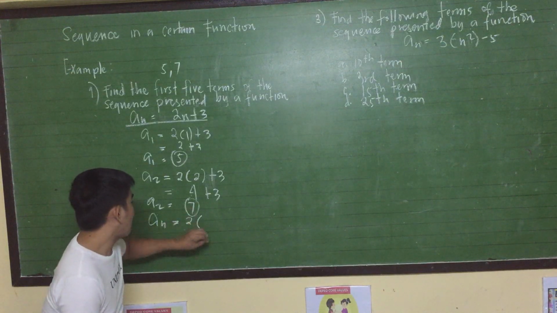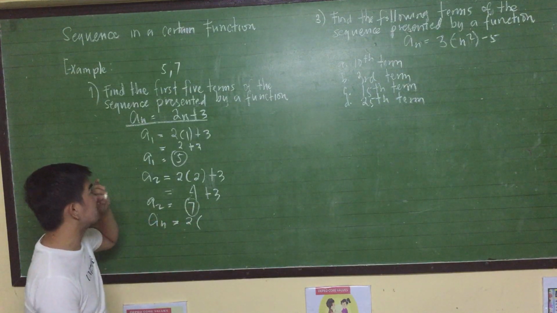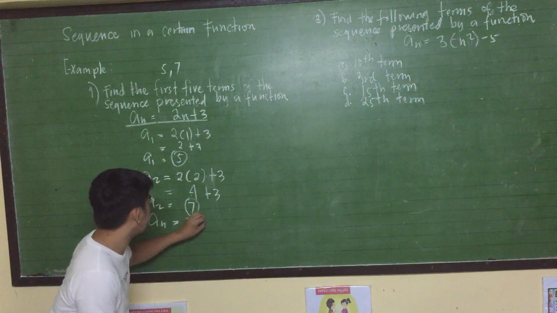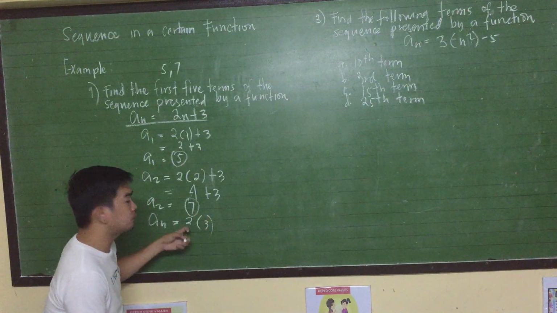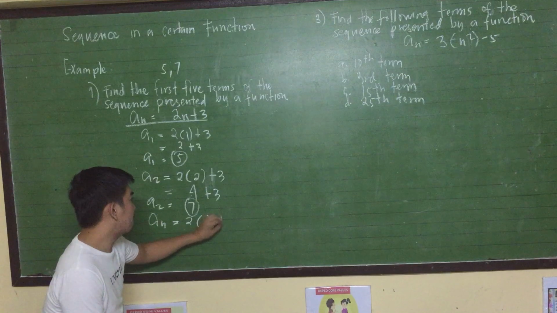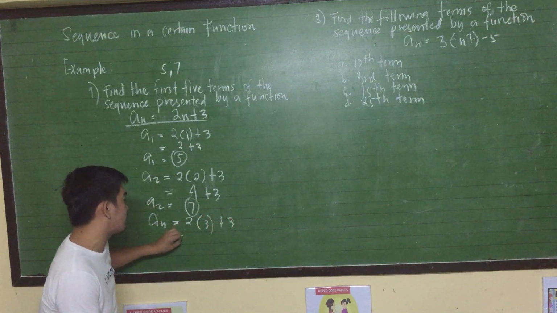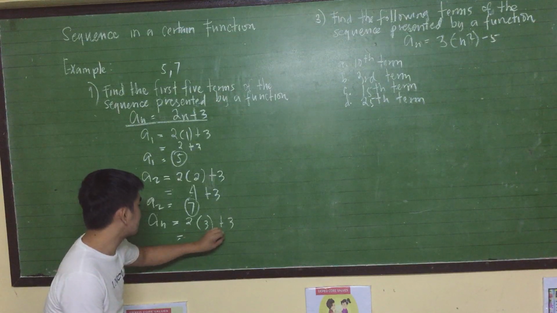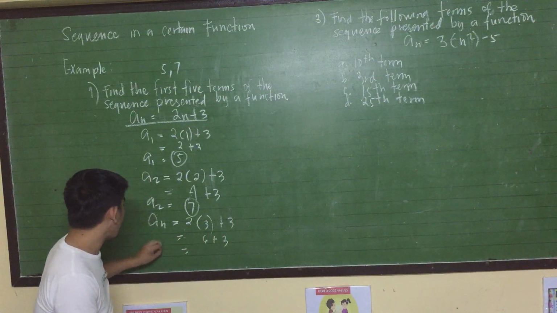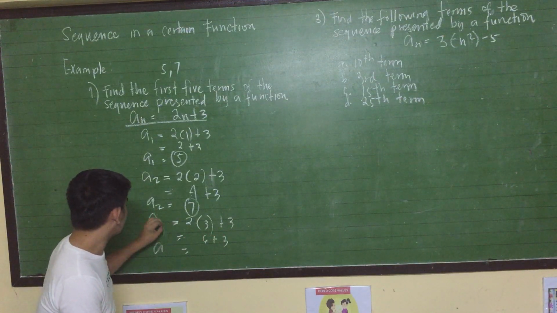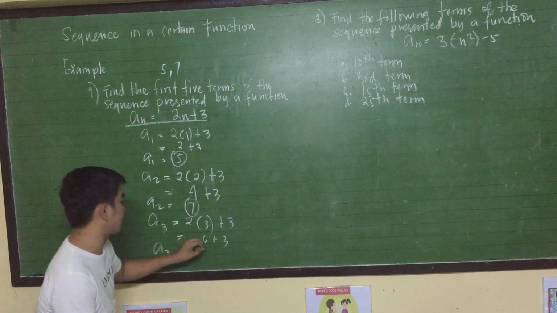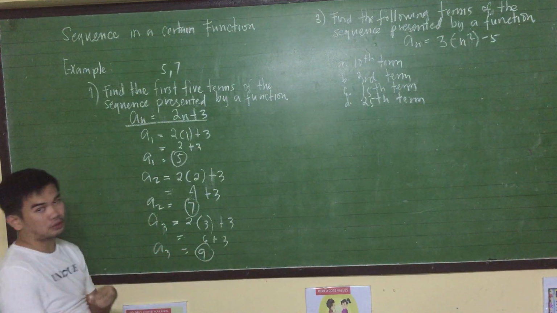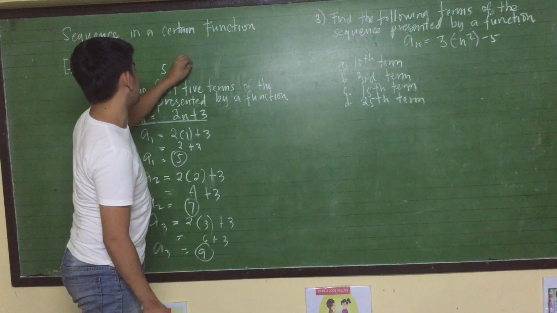So okay, ang ating substitute naman natin sa value of n ay 3. So therefore, 2 times 3 plus 3, which is equal to 2 times 3, we have 6, plus 3, and then we have a sub 3 is equal to 9. So therefore, our third term is 9.